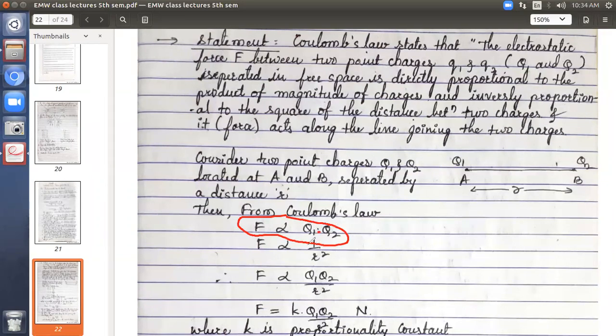You can take small q1 and small q2 also. And it is also inversely proportional to the square of the distance between them. Distance is r. So if you combine both, the numerator has Q1 into Q2, the denominator has r square. If you remove this proportionality sign and put an equal sign, there will be a proportionality constant K.